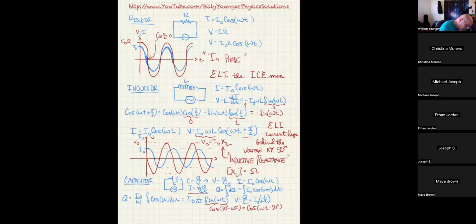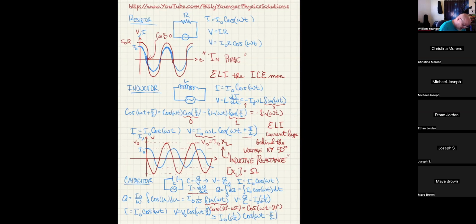So now we're going to say that I is equal to I0 cosine omega t, and V is equal to V0 times cosine omega t minus pi over 2, which, by the way, is also equal to I0 times 1 over omega C times cosine omega t minus pi over 2.